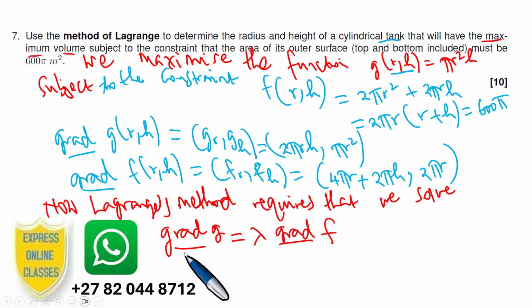But the method of Lagrange is that the gradient of g, which must be maximized, equals lambda times the gradient of f. F is the constraint, because f is 600 pi, a constant, and then we were able to get the answer. Any question on this? No. All right, think about it and make sure you understand.